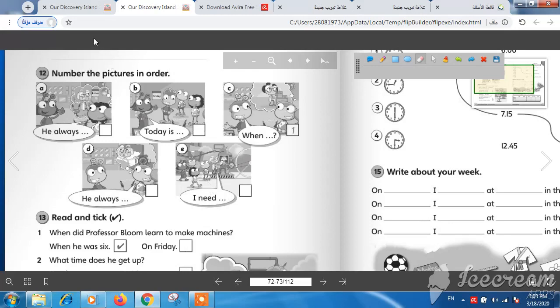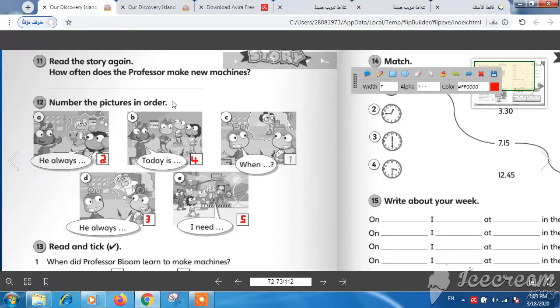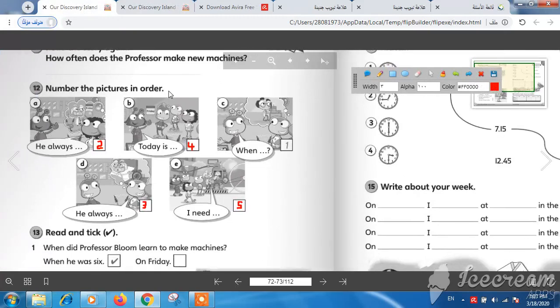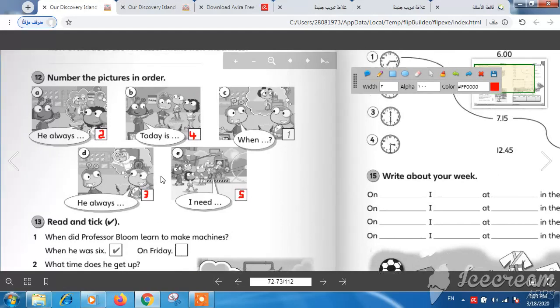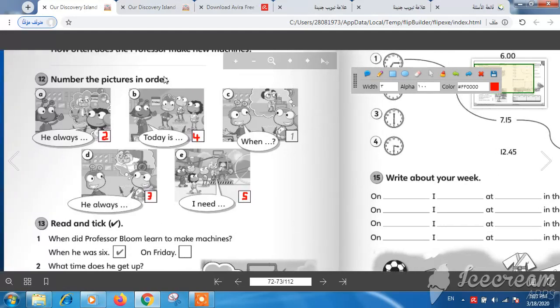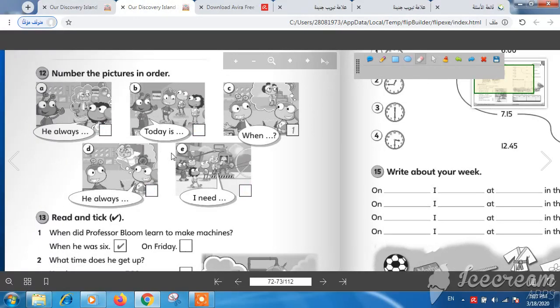So in order not to waste time, I prepared another one which is done for you. Take your time and number the pictures. After numbering the pictures, go back to the down part. Of course, you can pause the video, take your time, and number the pictures correctly.